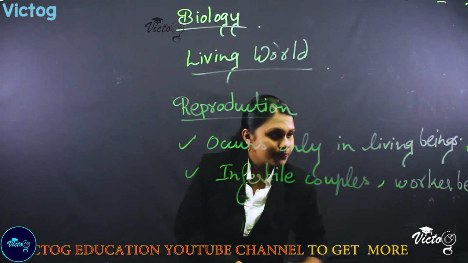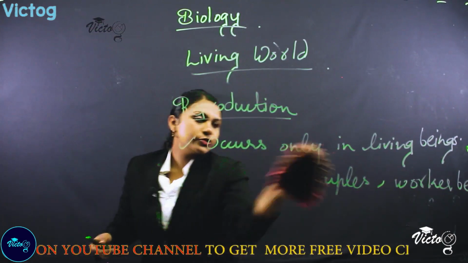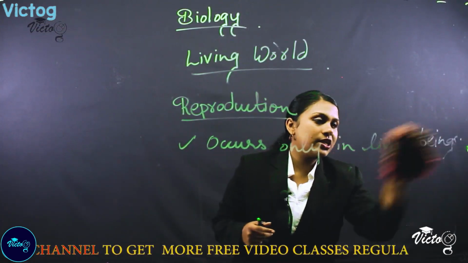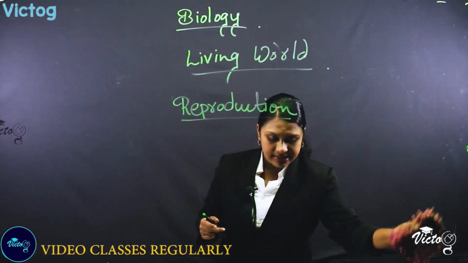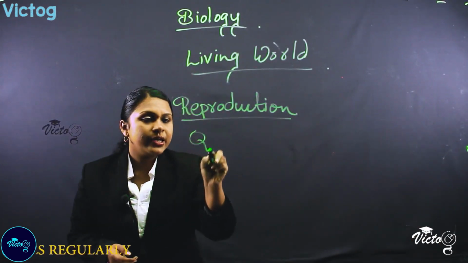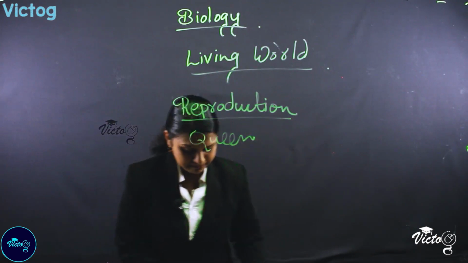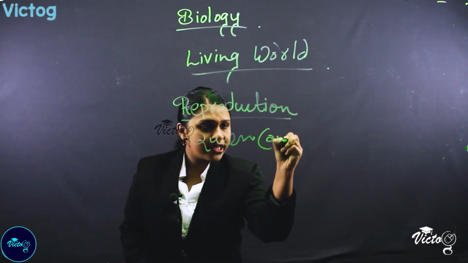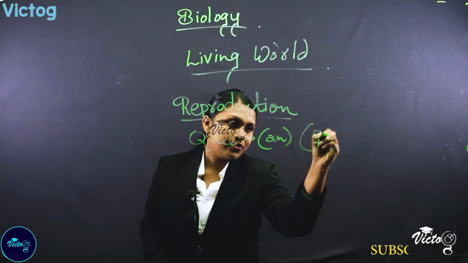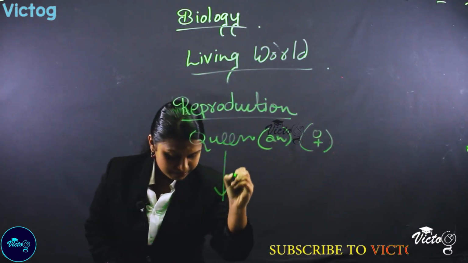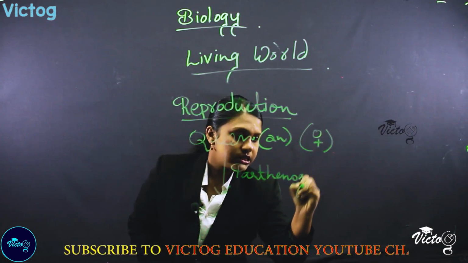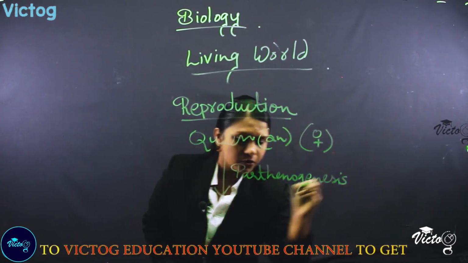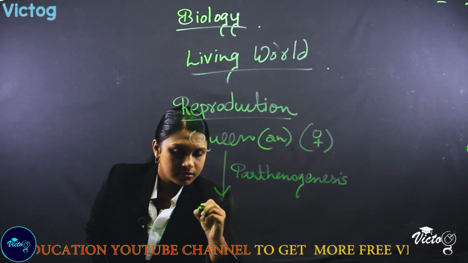Now try to remember a flow chart about these worker bees. How reproduction in honeybees takes place. Okay, the queen bee in diploid condition is a female. By parthenogenesis, she produces drones.